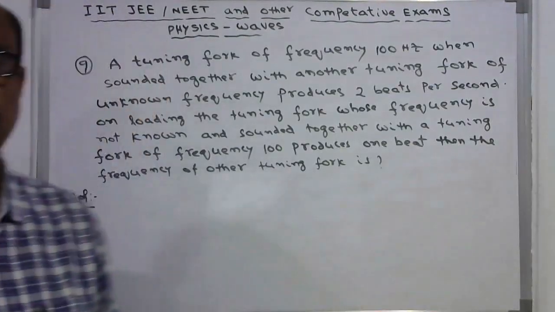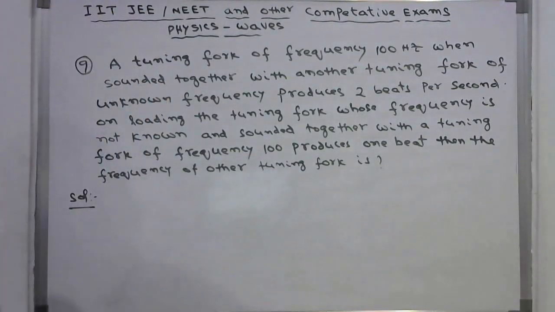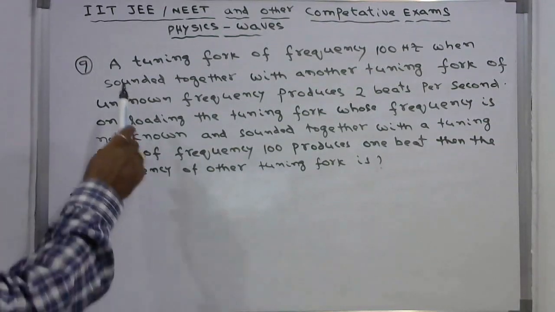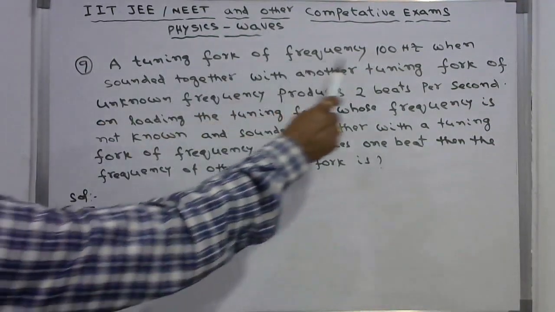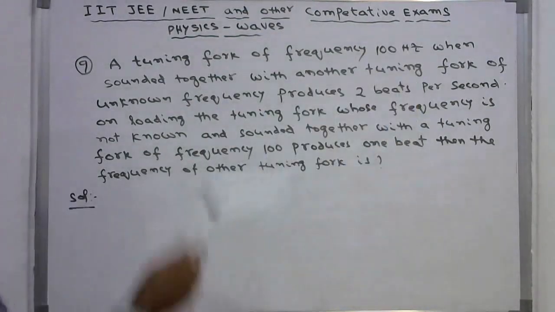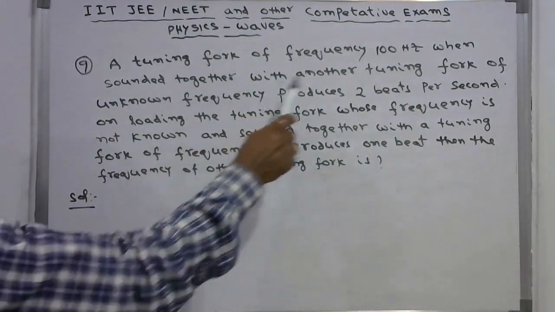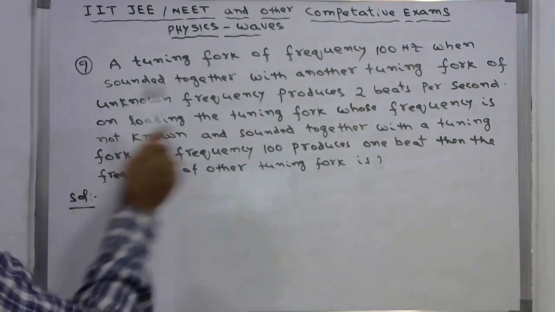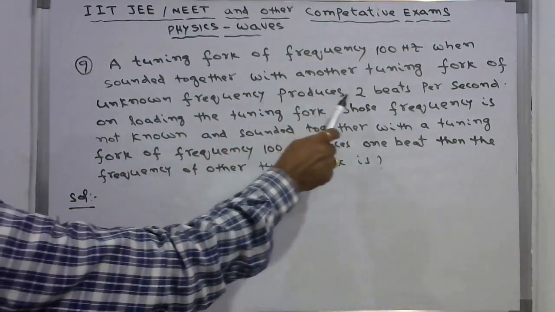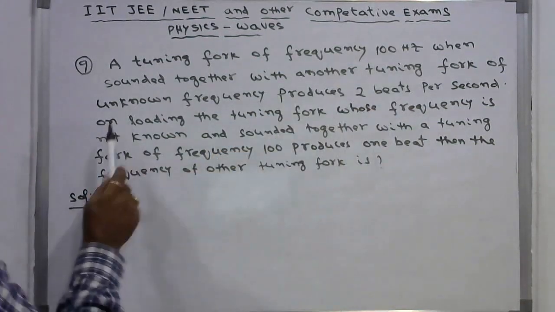So in this problem, this is related to finding the frequency of an unknown tuning fork. A tuning fork of frequency 100 Hz when sounded together with another tuning fork of unknown frequency produces 2 beats per second.